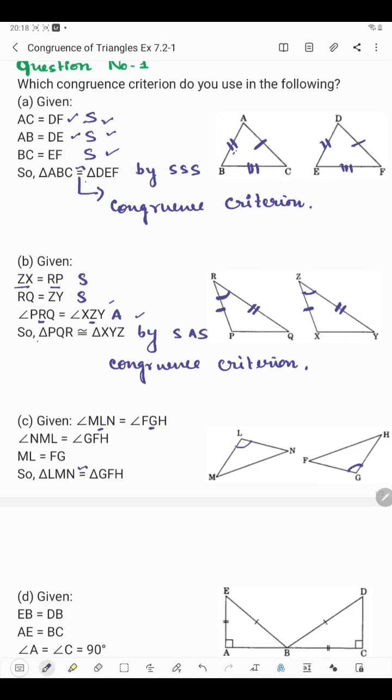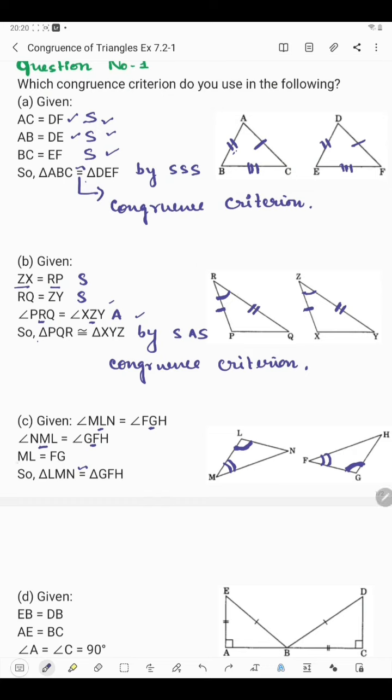So angle G and angle L are equal. Now NML means angle M from triangle LMN, giving a double line to represent that this angle and angle F of triangle GFH are equal.